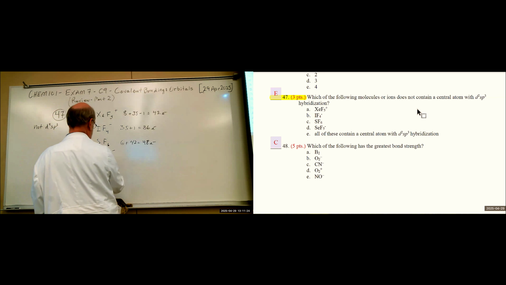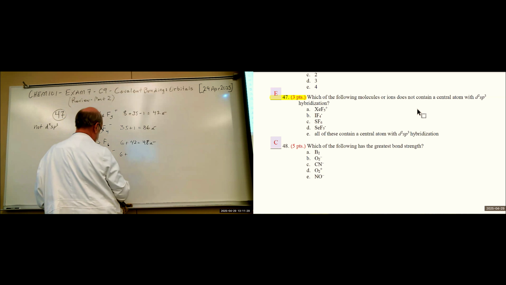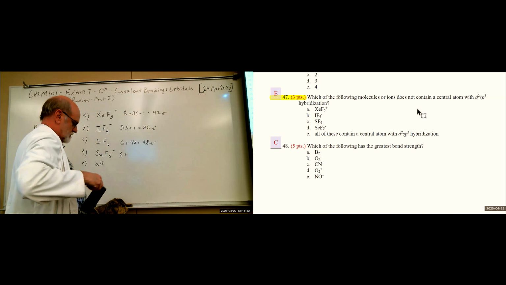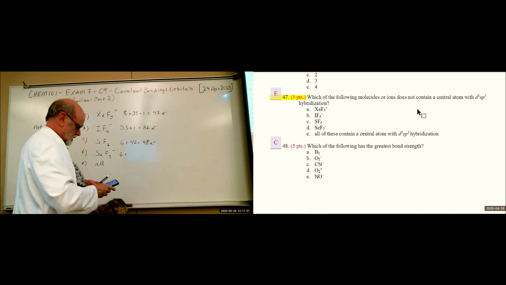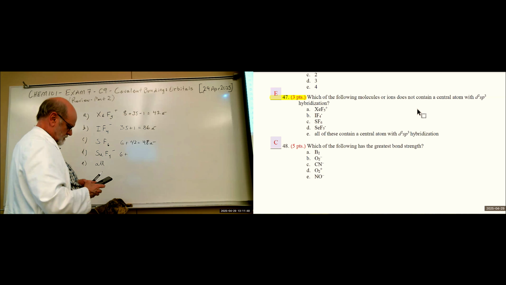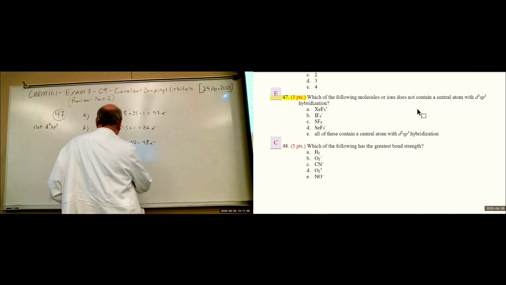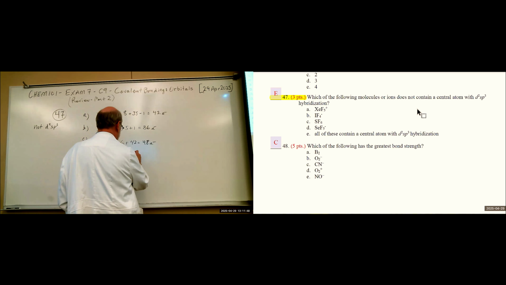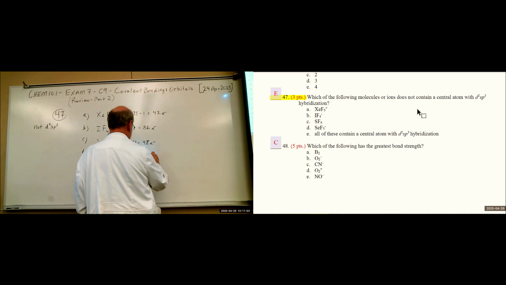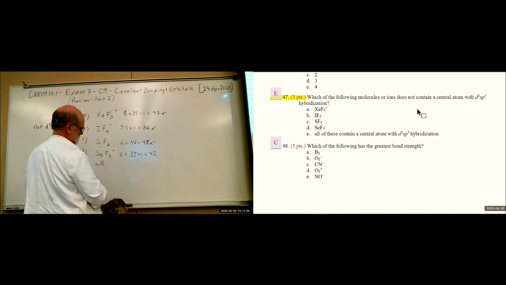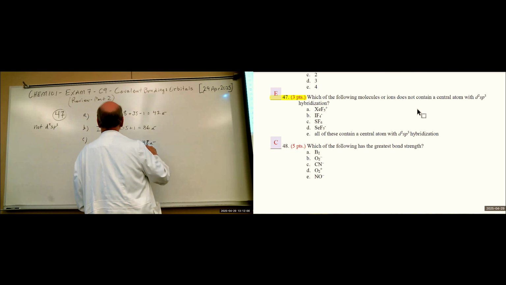And selenium is 6, plus 5 times 7 is 35, plus 1. So that's 42. Yep, 42. So let's draw our structures.